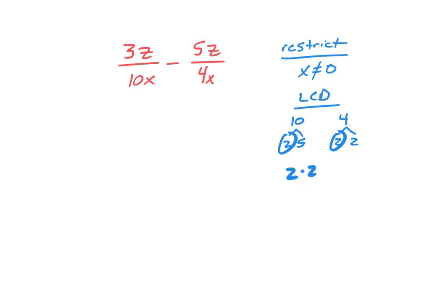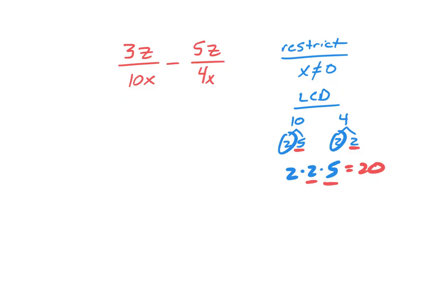I have to multiply anything that happens within these two factors, but I don't have to do this twice because they have that in common. So that's where this comes from. And then I have an extra 2, and I have an extra 5. That's where those two numbers come from. If I take 2 times 2, I get 4, and 4 times 5 is 20.